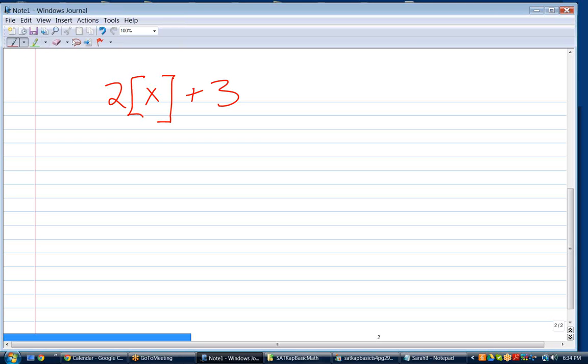Yes. It still means the greatest integer. In other words, if x was 3.1, then this would be 3, right?